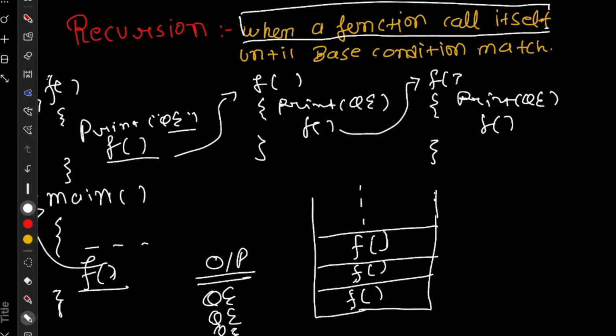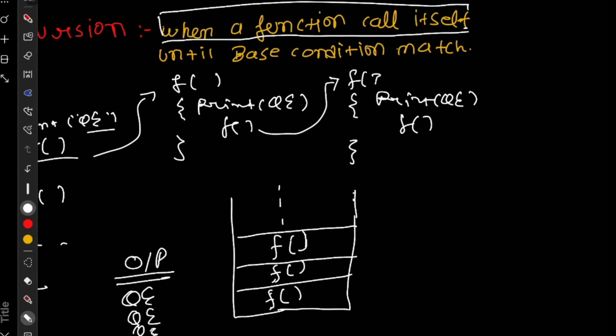To avoid it, we should write a return statement in the function, or we must end the function. Until we give a base condition, it will turn into an infinite function. So to avoid it, every time in a function we must give a base case to make the recursion meaningful, otherwise it converts into an infinite recursion which is never useful.